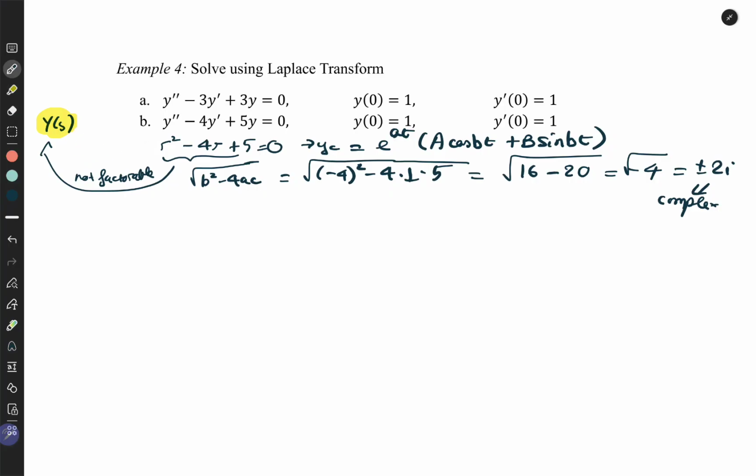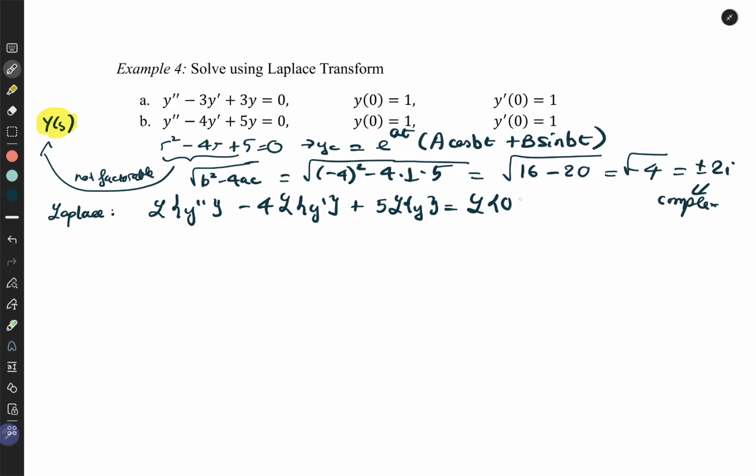All right. So let's proceed using Laplace. First things first, Laplace both sides. We know the truth. Laplace term by term, with the coefficient thrown outside.